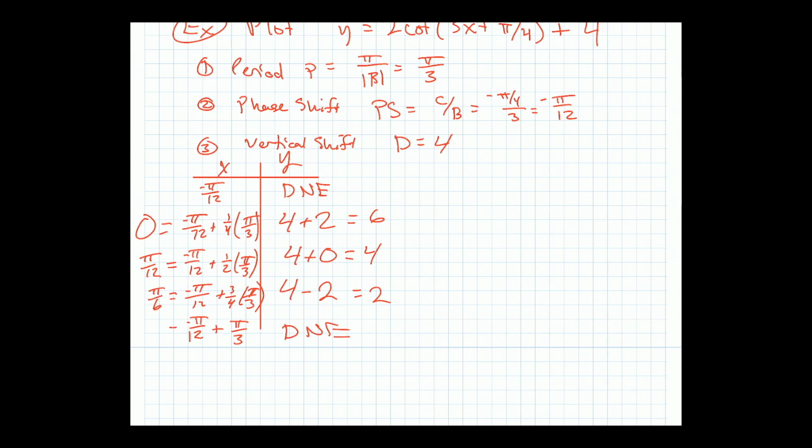And then the last one is going to be, what is it? I should be able to do it, but my brain is bad right now. So negative pi over 12 plus pi over 3 is 3/4 pi. All right. So there we go. Let me just highlight these to make them easier to see. And then we need D and E, 6, 4, 2. So those are our X and Y values.